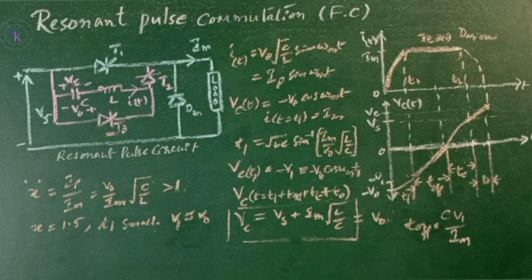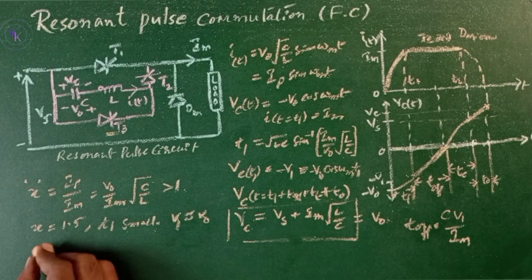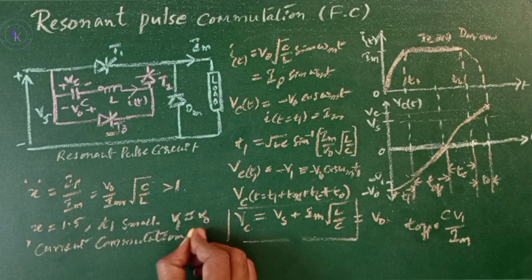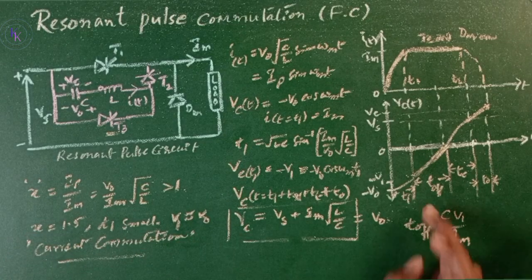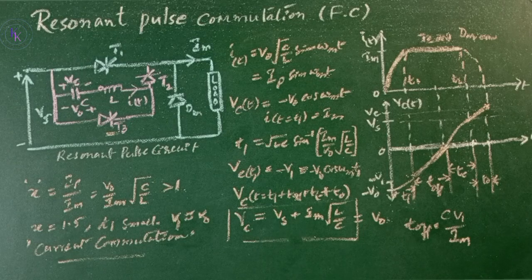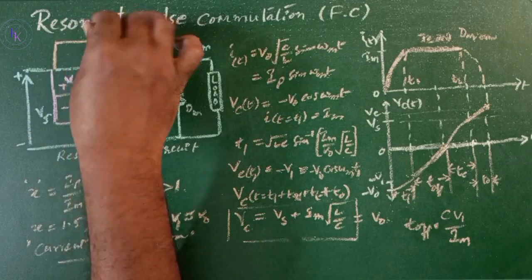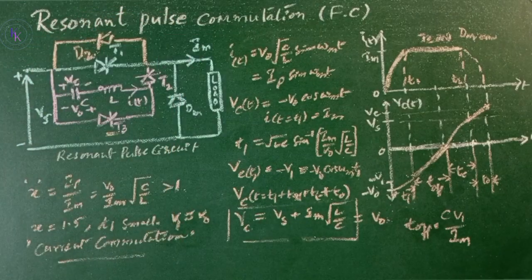Due to the fact that a resonant pulse of current is used to reduce the forward current of the thyristor T1 to 0, this type of commutation is known as current commutation. The circuit turn-off time Toff is also dependent on the load current Im. The discharge of capacitor voltage can be accelerated by connecting diode D2 as shown.